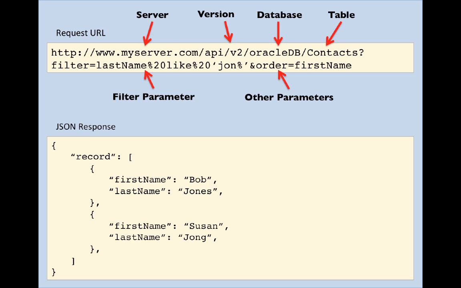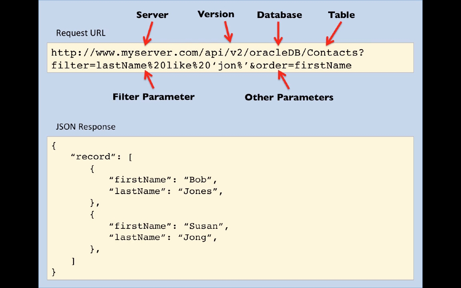Then we have a question mark where we append some parameters. In this example, we're going to append just 2 key value pairs. We have a key called filter, and we're going to pass in last name, which is a field, an operator, which is like, and then a string, which is the field value. In this case, it's last names that are like or start with the string JON. And then we're going to order the results by a field.